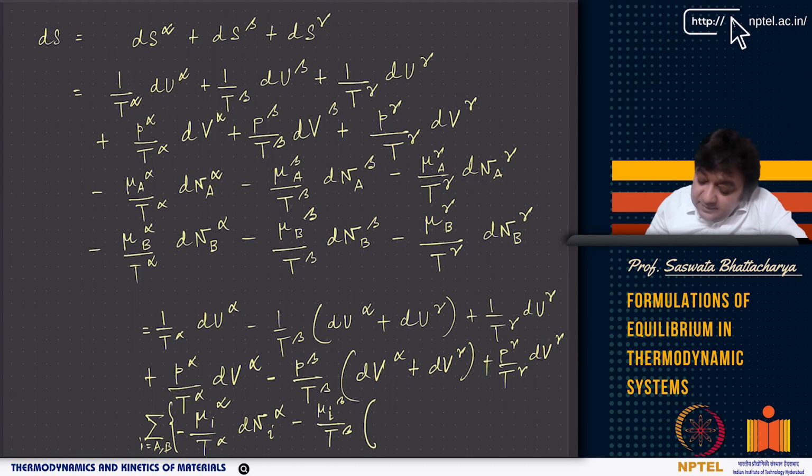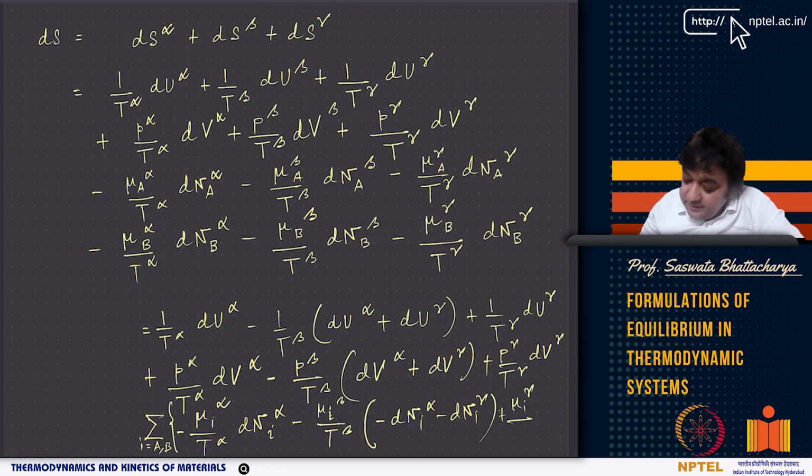Here I am substituting dNI beta as minus of dNI alpha minus of dNI gamma, and then we have also mu I gamma by T gamma dNI gamma, right? And this minus I can take as common, and therefore this minus and this minus becomes plus, right?